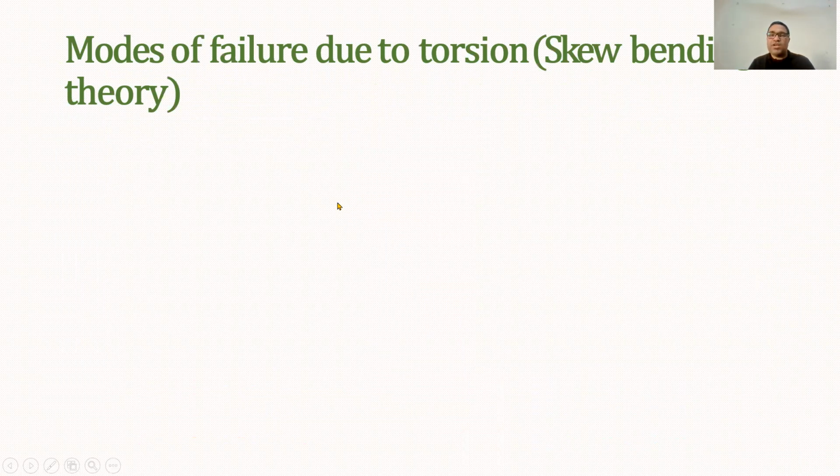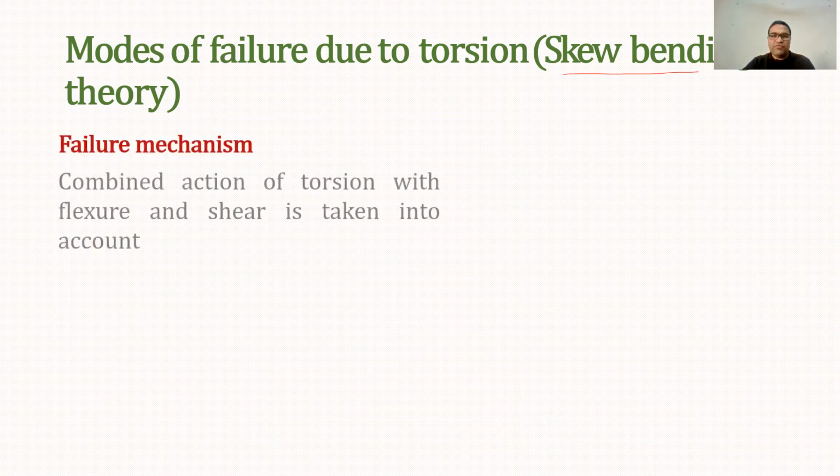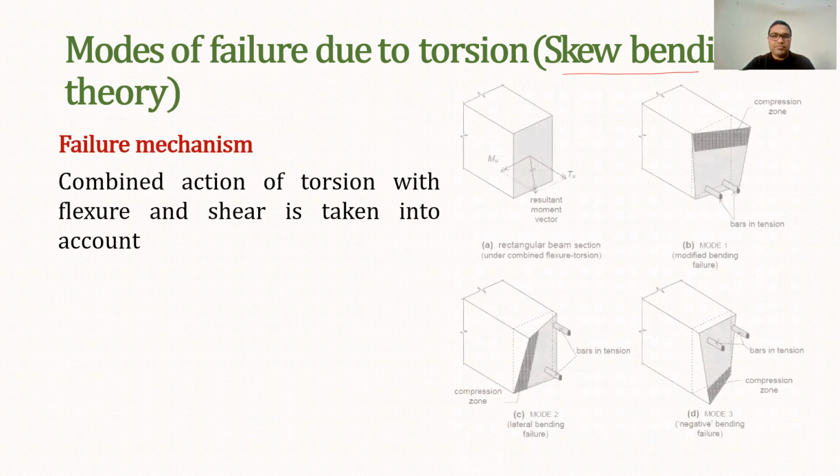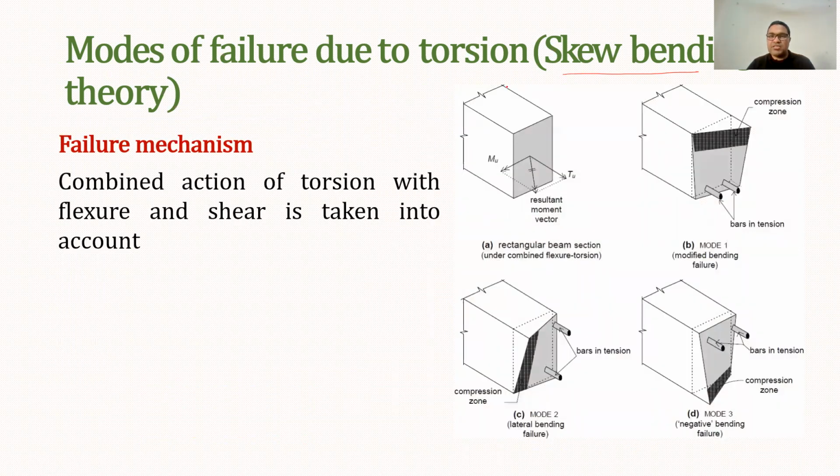Talking about the modes of failure due to torsion, generally we study skew bending theory to study the modes of failure of torsion. As I said, torsion occurs in combination with shear and bending. If I show you the failure mechanism, consider this beam. Torsion will occur along this direction like this.